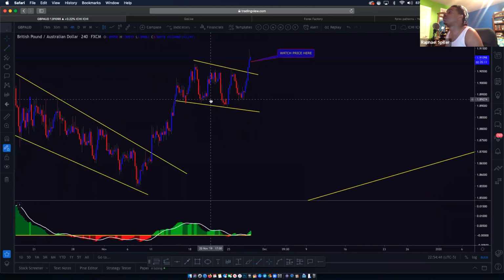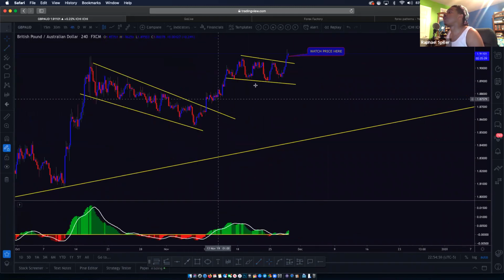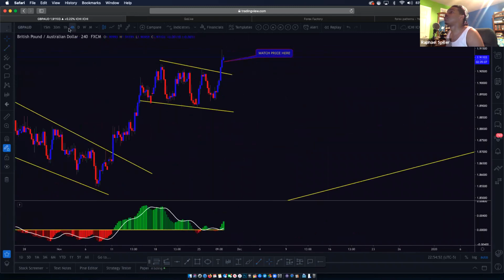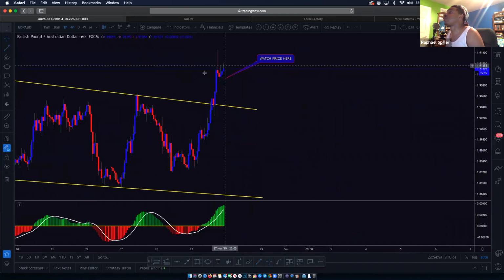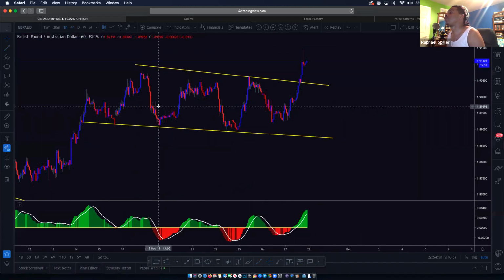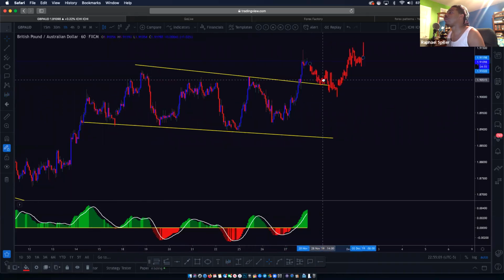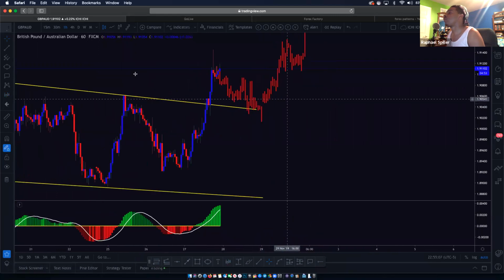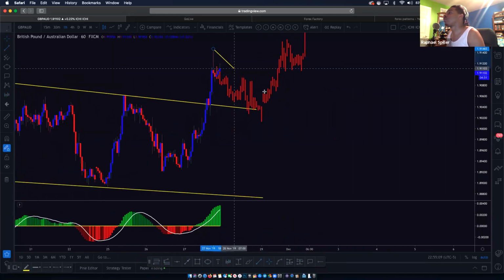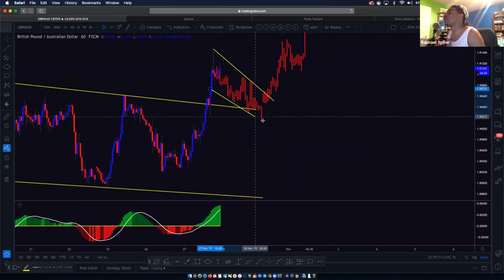GBP/AUD, it went up. GBP/AUD definitely went up. What I'm actually waiting for, I wouldn't be watching that. I'm waiting for a flag. I'm waiting for a bullish flag. And for the people who still don't know what a bullish flag is, I'll show you again.